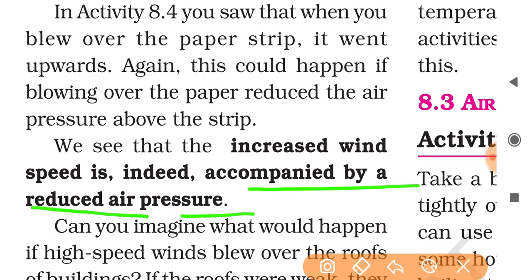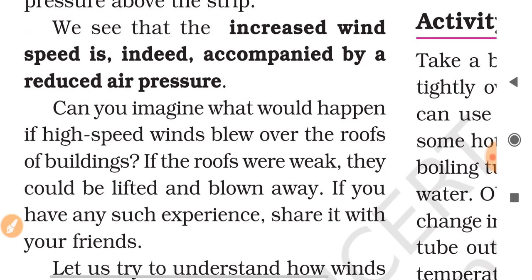So whenever there is an increase in the speed of wind, there will be reduced air pressure. Can you imagine what would happen if high speed winds blew over the roof of a building? If the roofs were weak, they could be lifted and blown away. If you have any such experience, share it with your friends.